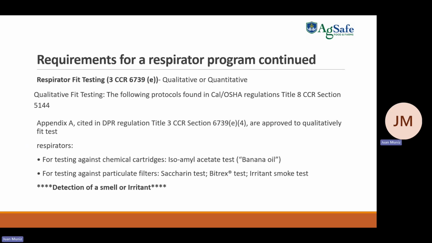For respirators, for testing against chemical cartridges, there is typically what is called an isoamyl acetate test, where a banana oil type agent is used while the user is wearing their protective mask.